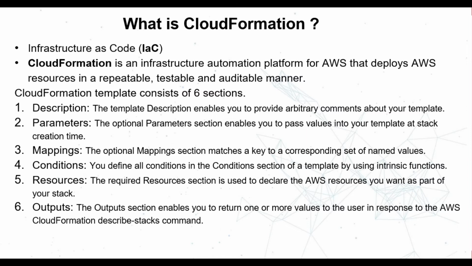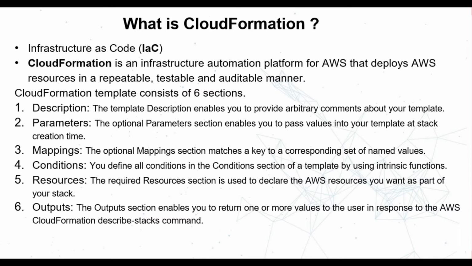The second one is the parameters. This is an optional section, and it enables you to pass values into your template at the time of stack creation. It lets you create templates that can be customized for each stack deployment. When you create a stack from a template containing parameters, you can specify values for those parameters.